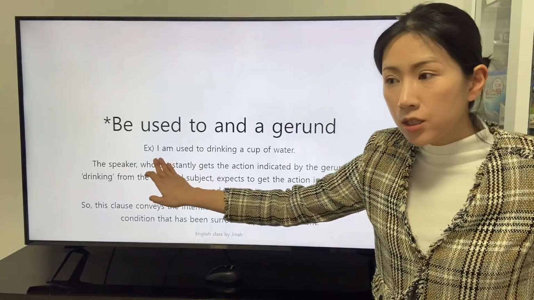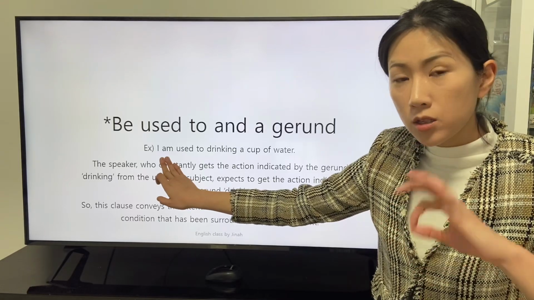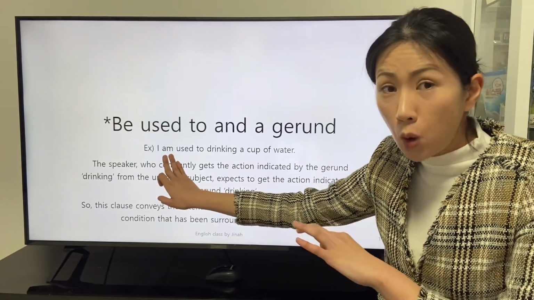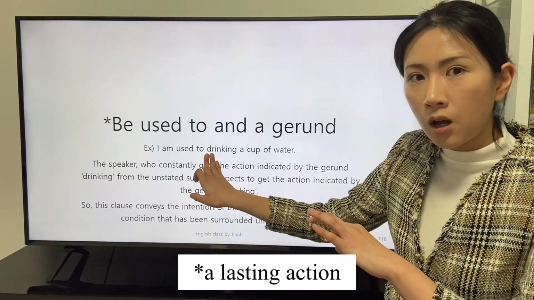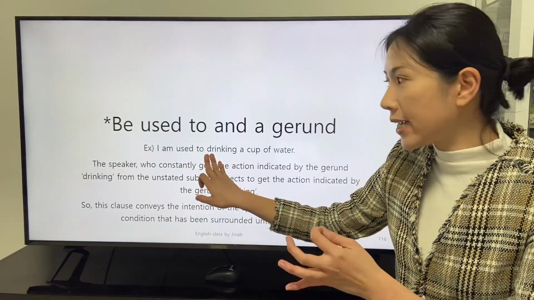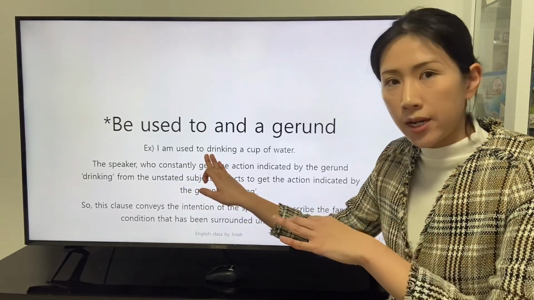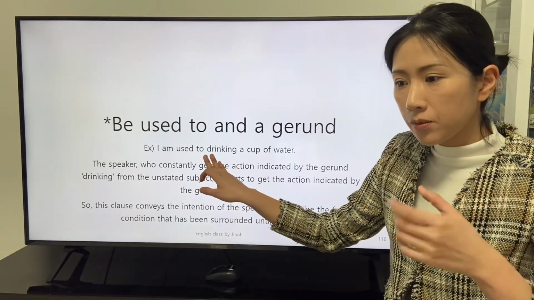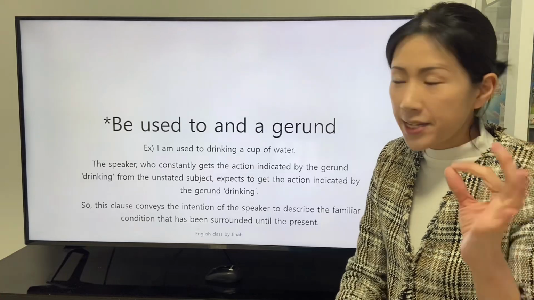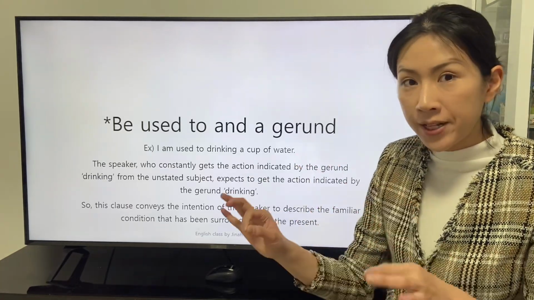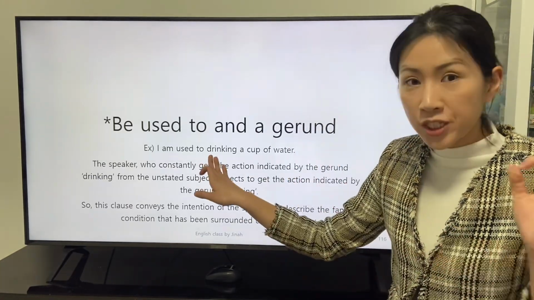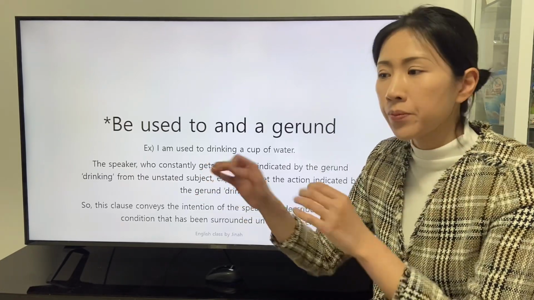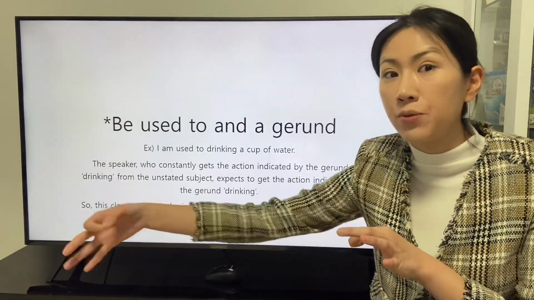From the past to the present, the speaker described by the be-verb proposes the action indicated by the gerund, drinking. The gerund, drinking, with the suffix ing reveals that the action indicated by the transitive verb drink happens for a period.